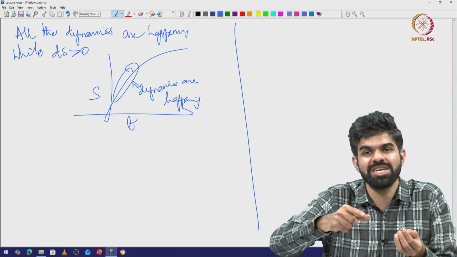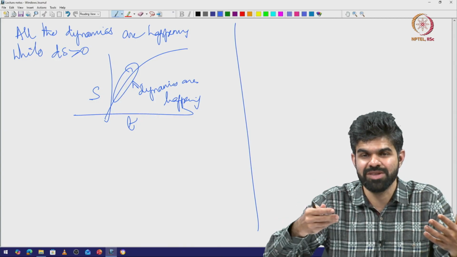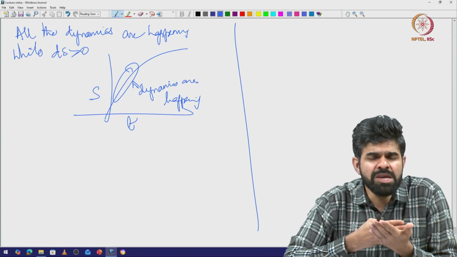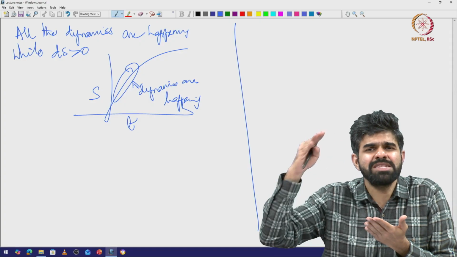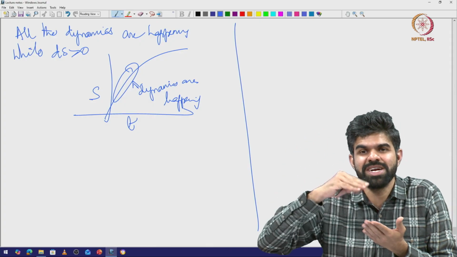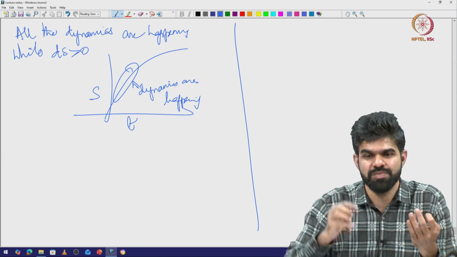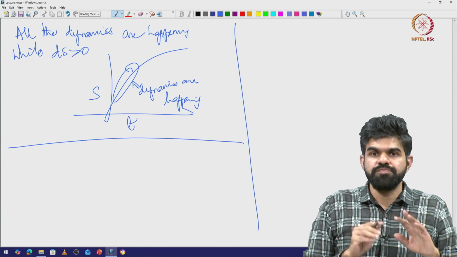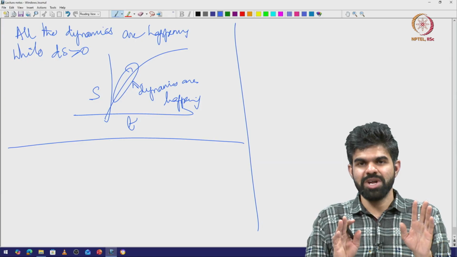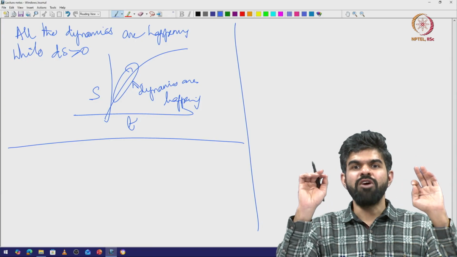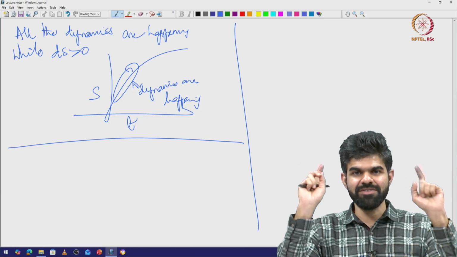In any process that I am doing, the total delta S should be greater than 0, unless I do it very quasi-statically, in which case the minimum limit on delta S is delta S equal to 0. So that is the second law of thermodynamics. It tells me a recipe of how processes go towards equilibrium.